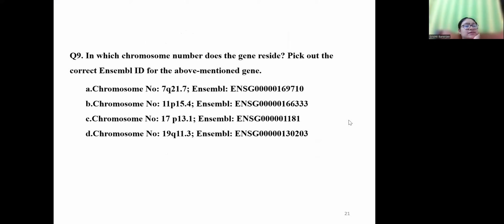Pick out the correct Ensembl ID for the above mentioned gene. So now this is one gene. So we need to find in which chromosome it is, and we have to find the Ensembl ID for the above mentioned gene. That is the same gene.